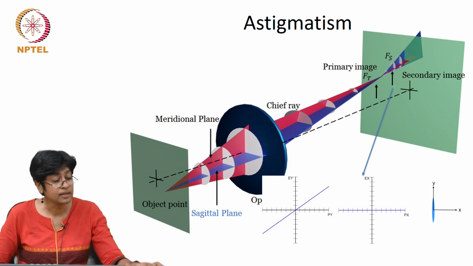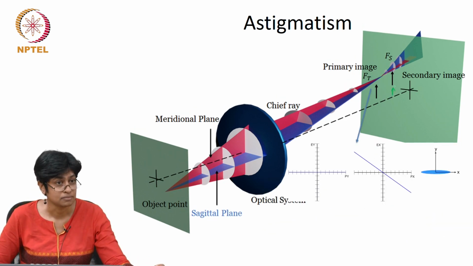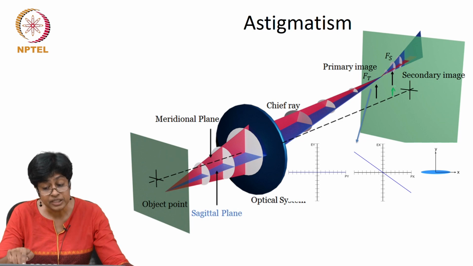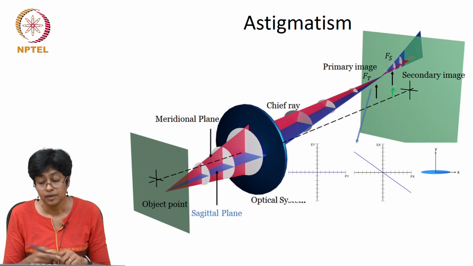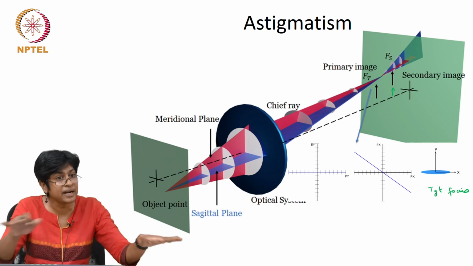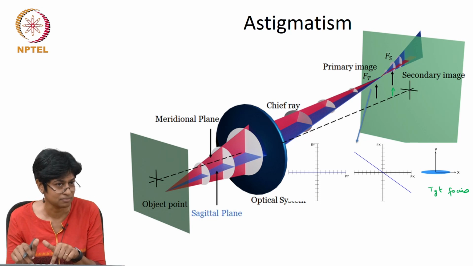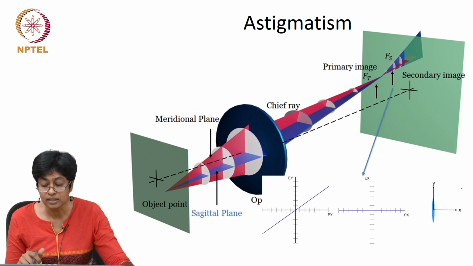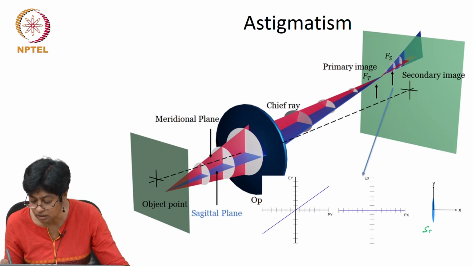Here, it's varying in terms of an ellipse. So, I call this the tangential focus, but this line is caused by the spread of the sagittal rays here. I call this the sagittal focus.